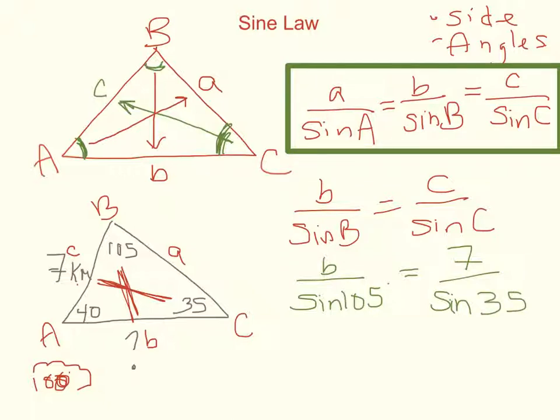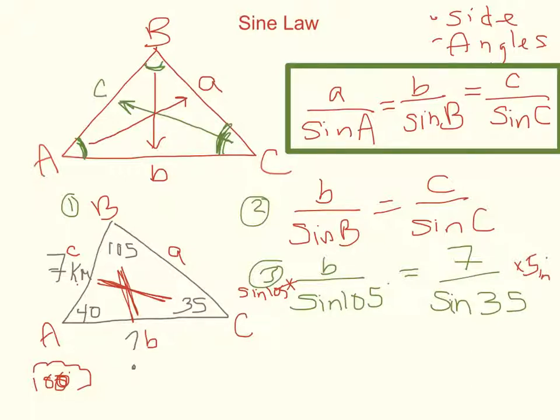So step 1 is labeling, step 2 is the formula, step 3 is substituting in values, step 4, isolating the variable. We want to get the variable by itself by doing opposite actions. So right now B is being divided by sine 105, so we're going to multiply both sides by sine 105.